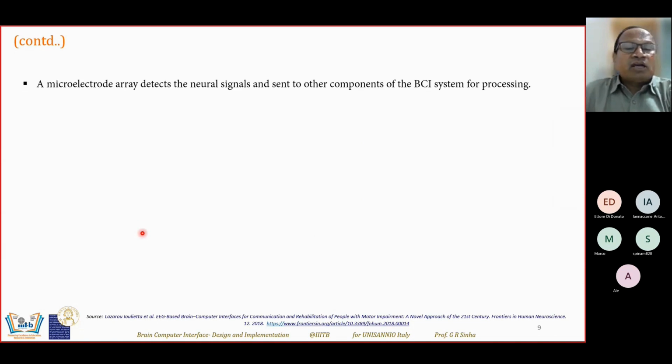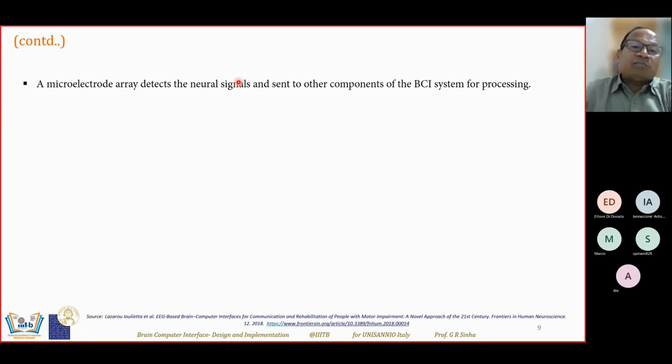So for the microelectrode array, we have already started talking about design. The array is an essential part of the BCI design, which is used to detect the neuronal signals, and those signals are sent to other components of the BCI for processing. The other components are outside the brain, because inside the brain the microelectrode array is there.